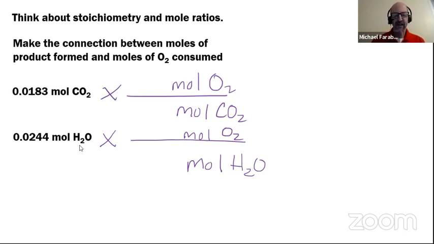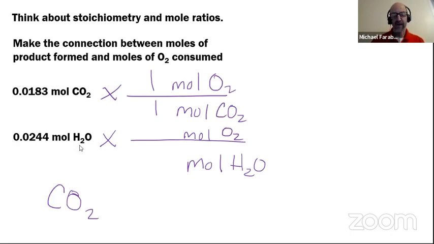Well, consider that there are 2 atoms of oxygen in CO2. So therefore, for every 1 mole of oxygen that reacts, if we're just focusing on the CO2, that would be 1 mole of CO2 produced.